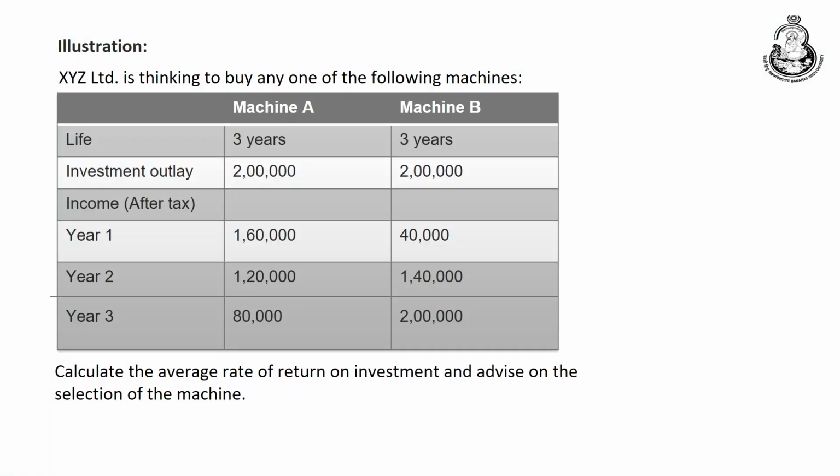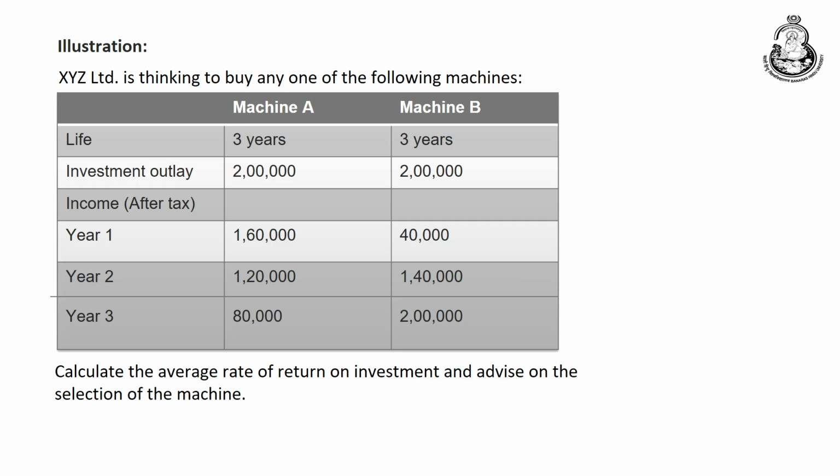For example, XYZ Limited is making a proposal for investing either in machine A or in machine B. There are certain important highlights of the proposals. The life of machine A is 3 years, and machine B also has a life of 3 years.